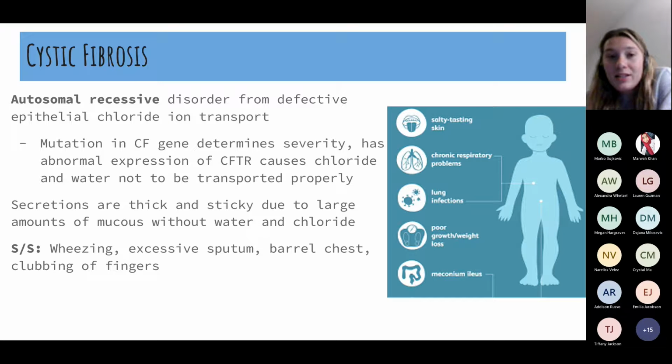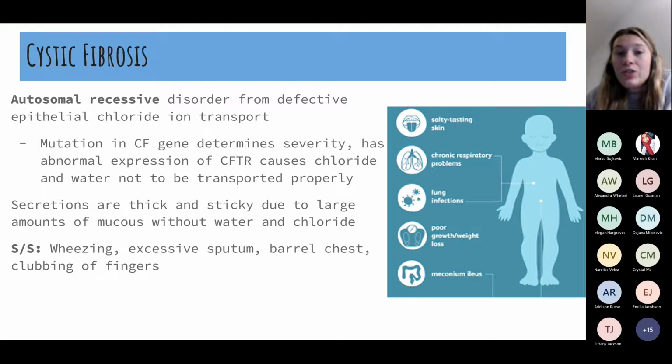Cystic fibrosis is an autosomal recessive disorder, meaning you have to inherit both, if we go back to Mendel's P's, both little r, so that's why this is pretty rare. With cystic fibrosis, there's an issue with the CF gene, and it messes with chloride and water transportation.